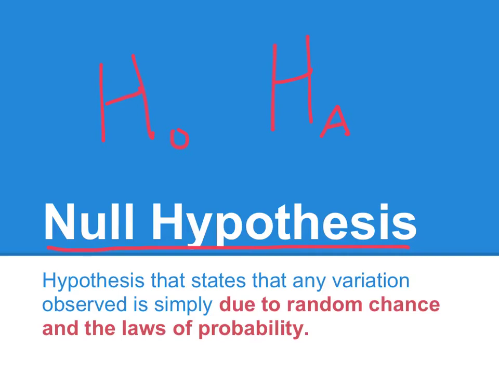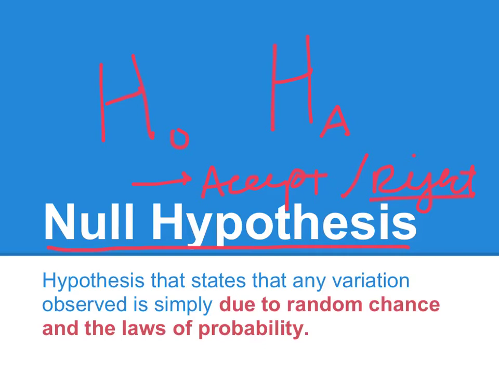In statistics, what we're trying to do is accept or reject the null hypothesis. When we accept the null hypothesis, that means that we conclude that random chance alone is acting and that random chance causes any differences or any variation.